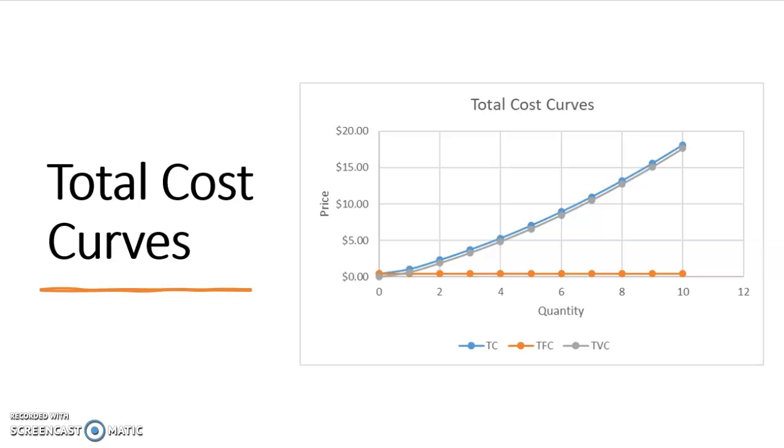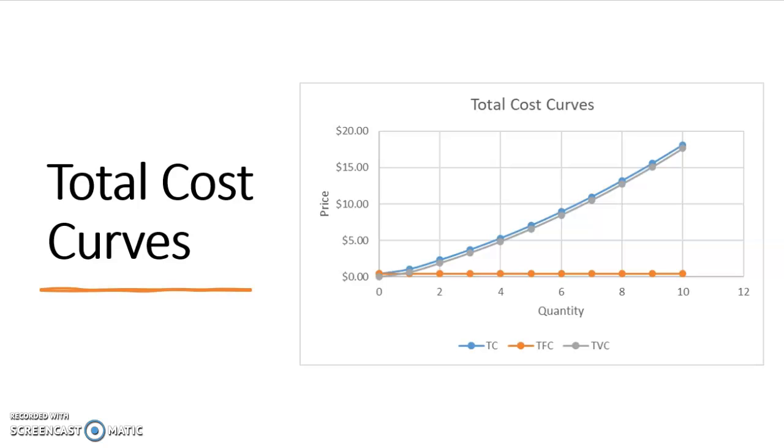Here you see a scatter graph of the total cost curves for oil company X. These include our total variable cost, total fixed costs, and total costs. You will notice our total cost is the blue line, total fixed cost is the orange line, and the total variable cost will be the gray line. You see that orange line there representing our total fixed cost does not change. That is because we are always paying 45 cents to produce, which is a very low fixed cost.